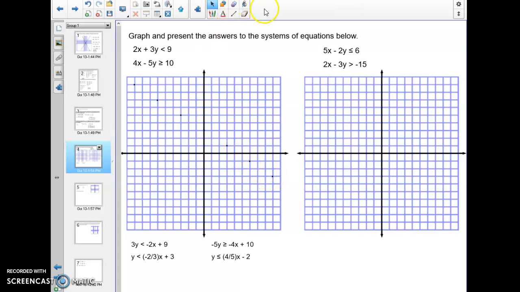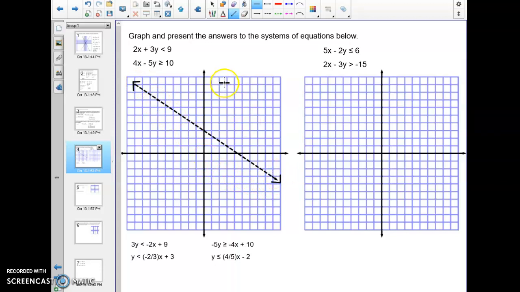And that is a dotted line, because the thing is just less than. So here we go. And we do need an arrow on the other side. I don't know why they don't give me a choice of giving you an arrow on either side, but that's what it should look like.